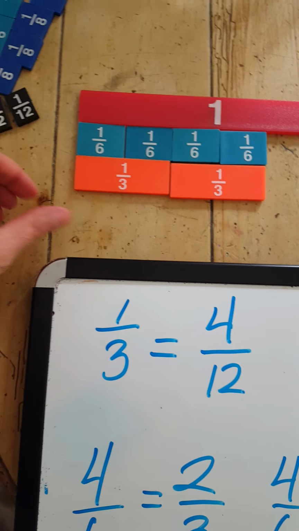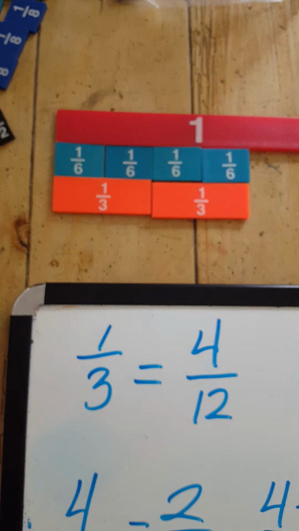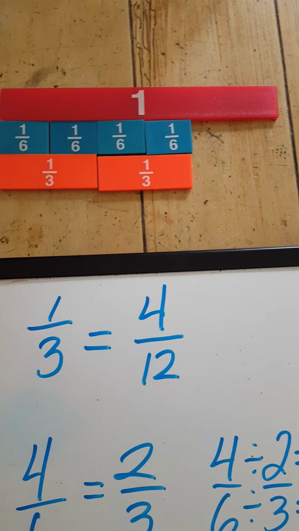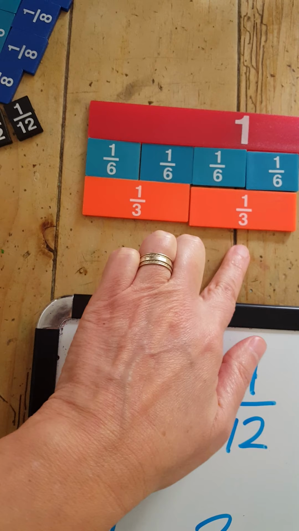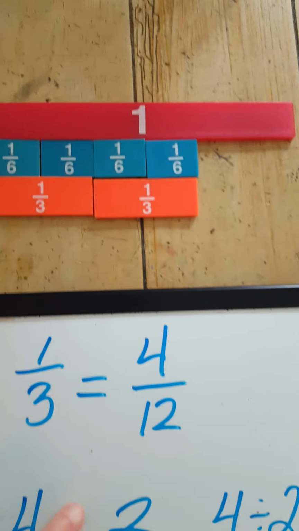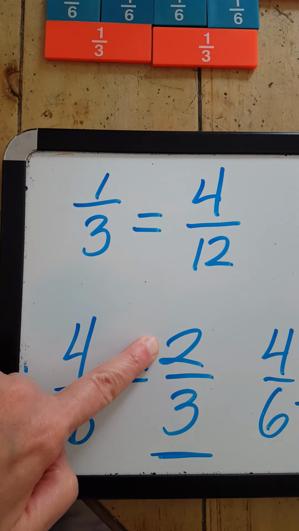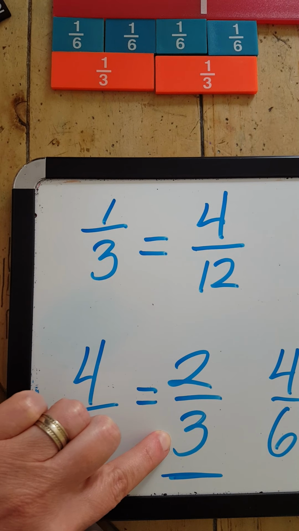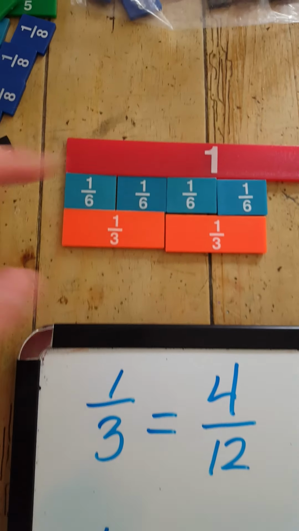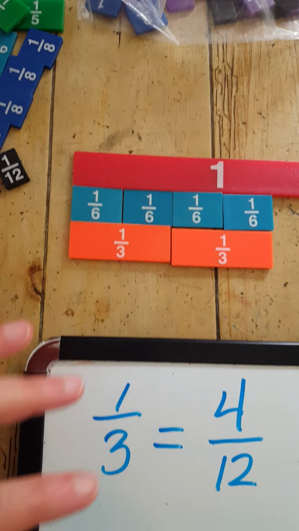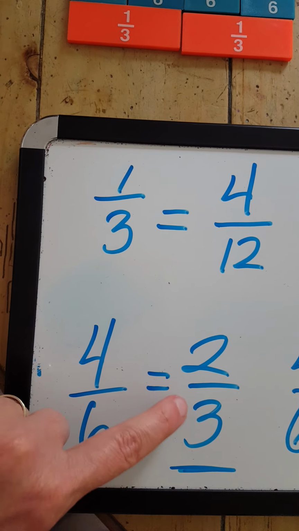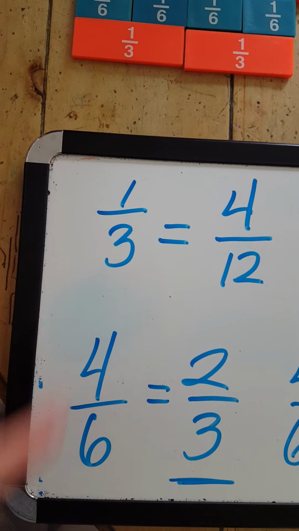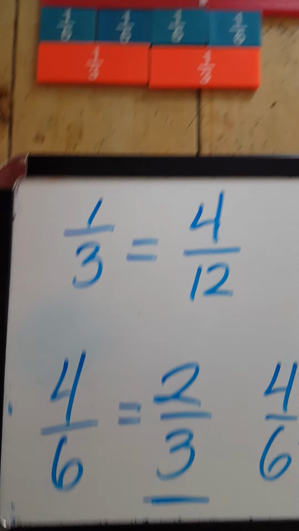It looks like it covers the same area, so great. So now we know that it takes 1, 2, so 2 in the numerator, and we have thirds, so 3 goes in the denominator. So we know by using our fraction pieces that that's one way to get an equivalent fraction for 4/6.